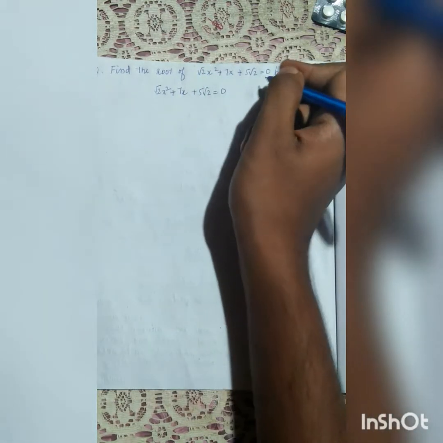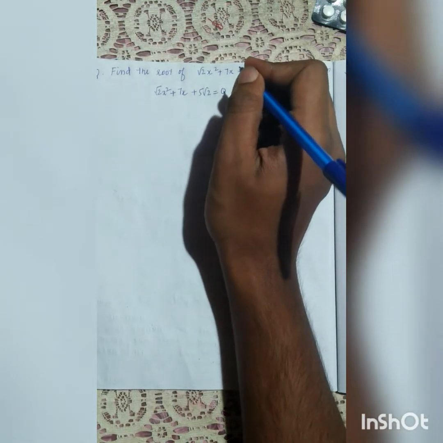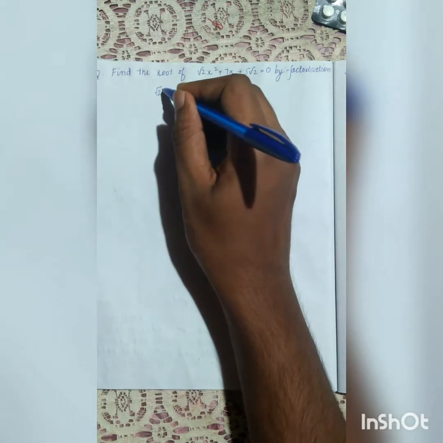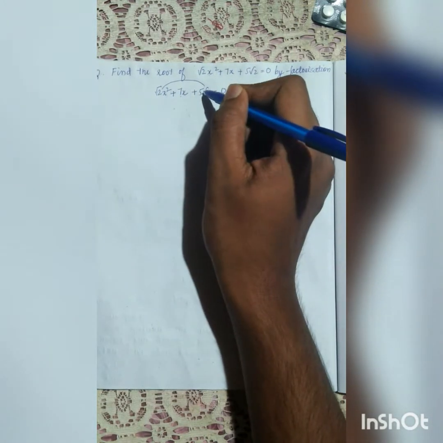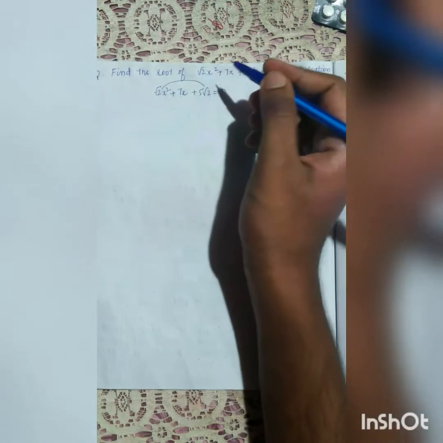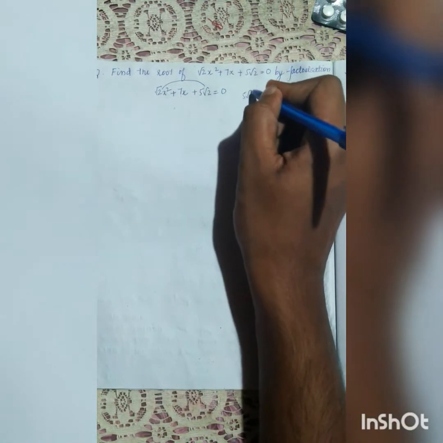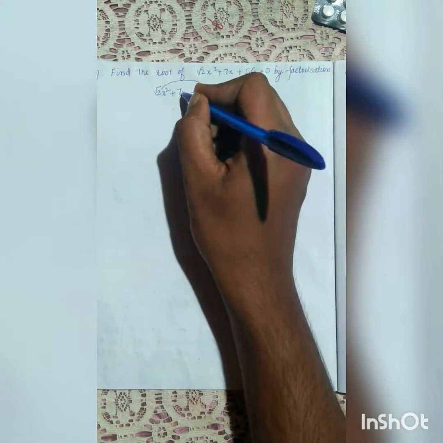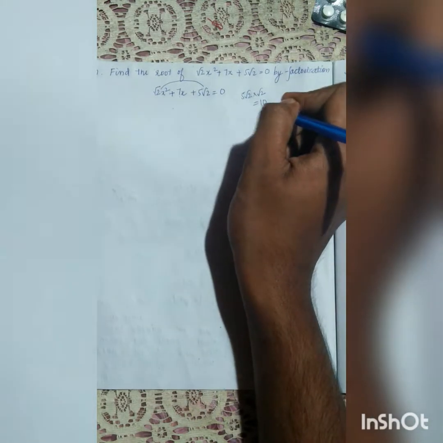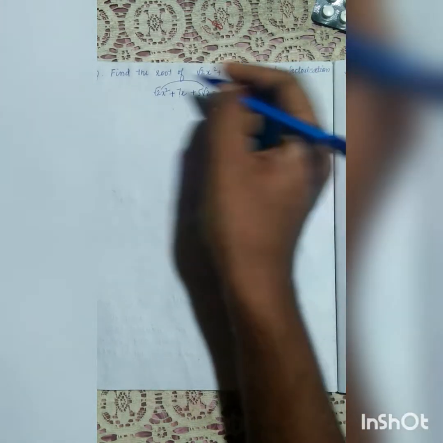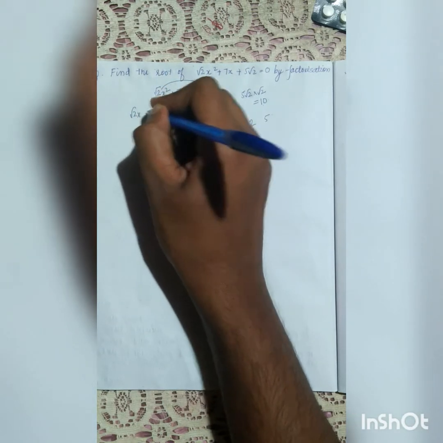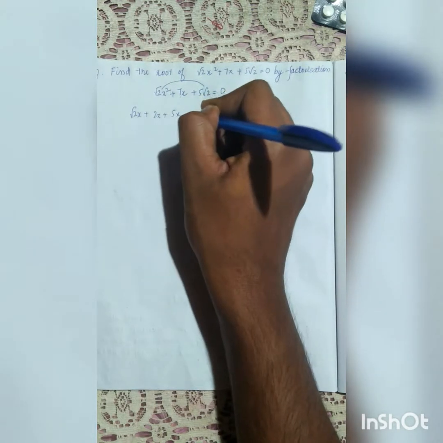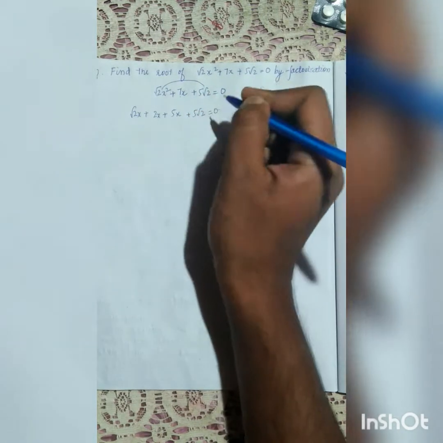Factorization means we will use the middle term splitting method, in which we have to split 7 into two numbers such that their product equals the product of 5 root 2 into root 2, which is 10. So we can split 7 as 2 and 5. So we'll split this as root 2 x square plus 2x plus 5x plus 5 root 2 is equal to 0.